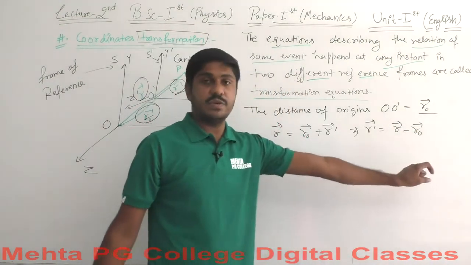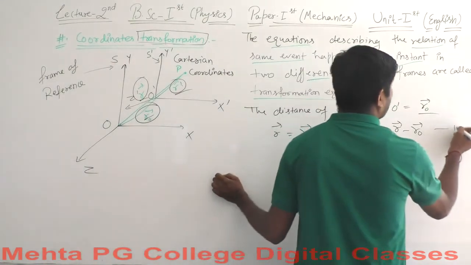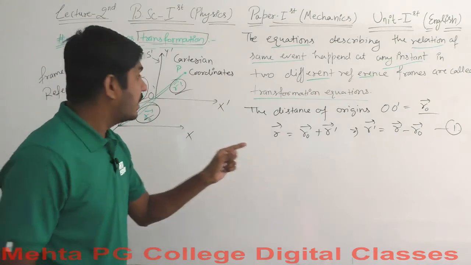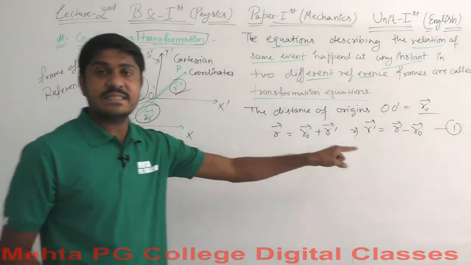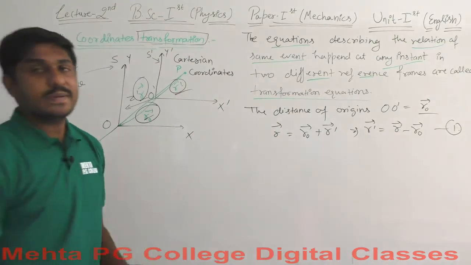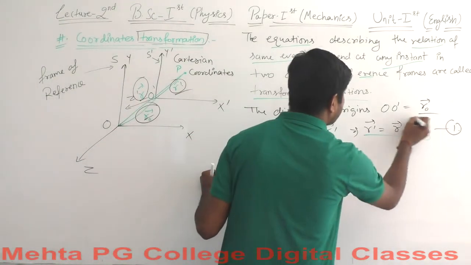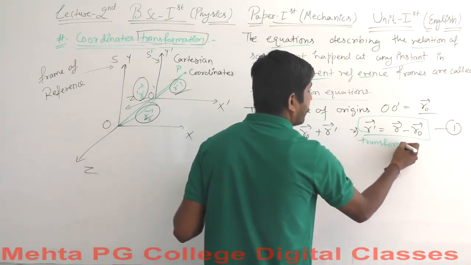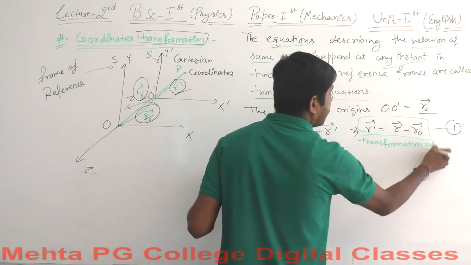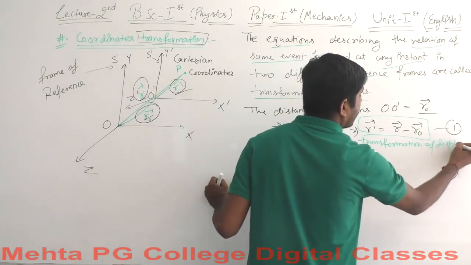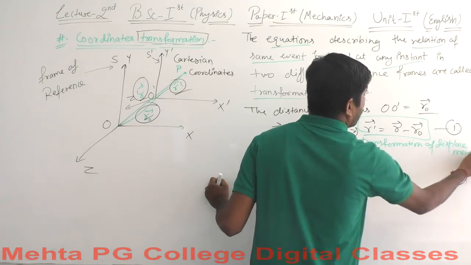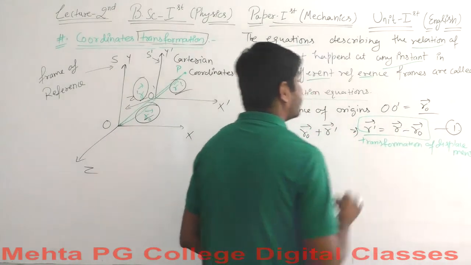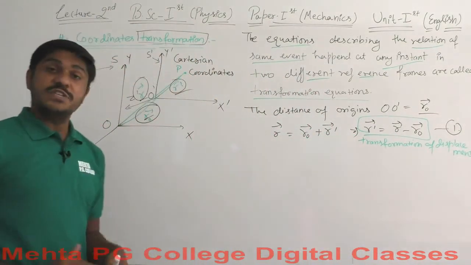Let's say this is equation 1. Equation 1 gives you the transformation equation of displacement.